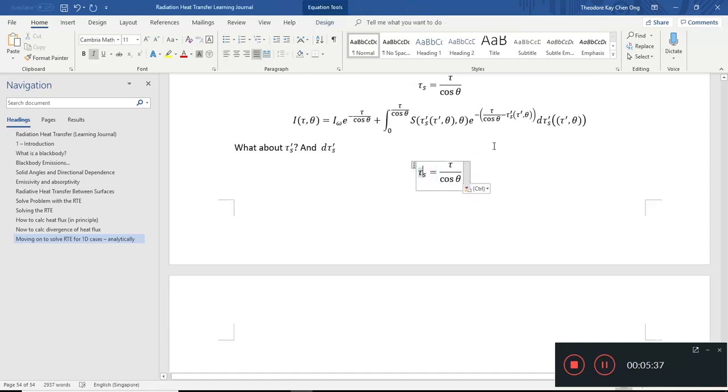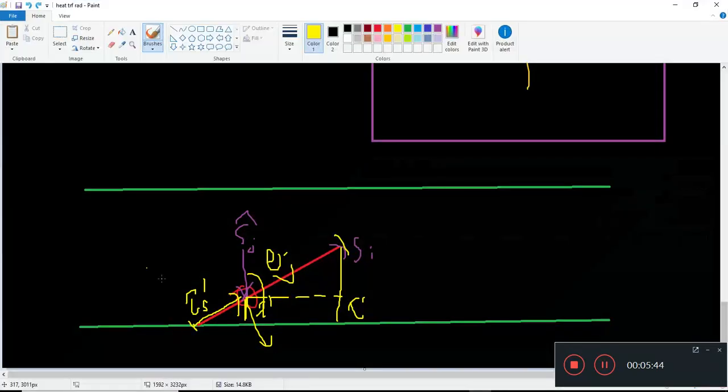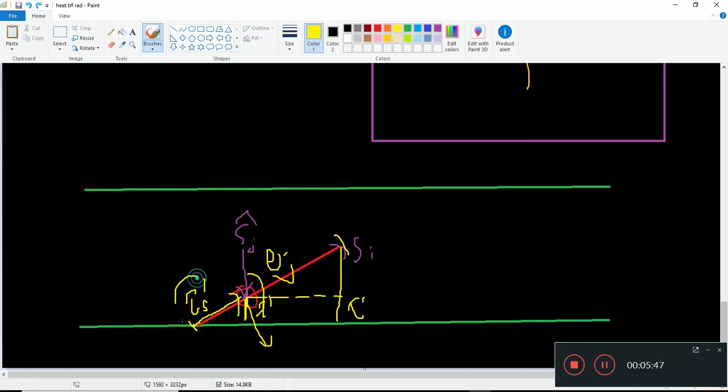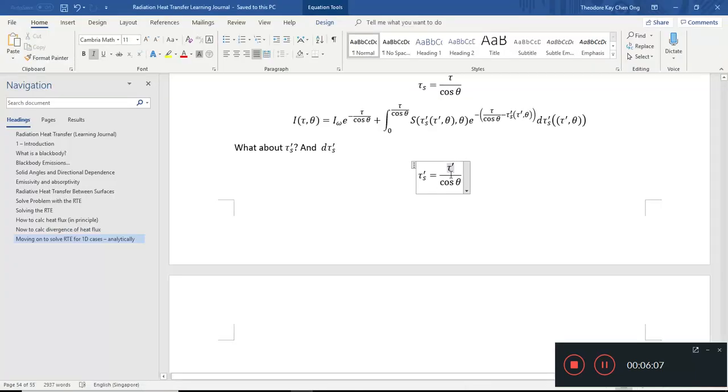Tau prime s is the length along here. Remember, the projection of that in the vertical direction is just tau prime. Both are related by this right angle triangle, with cosine theta here, so the relation is the same: tau prime s equals tau prime over cosine theta.